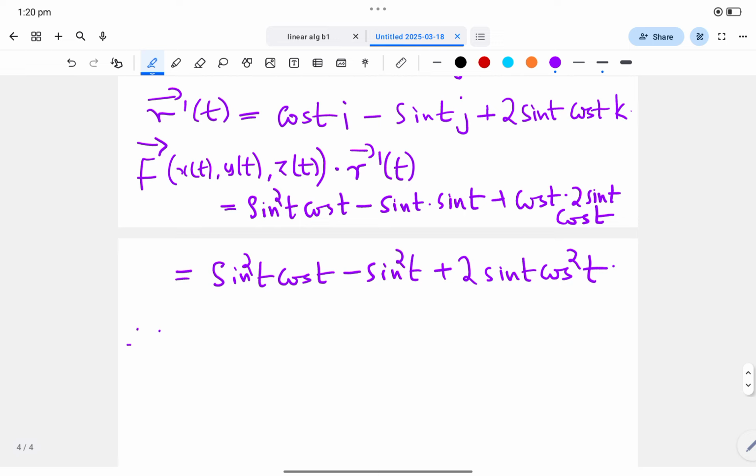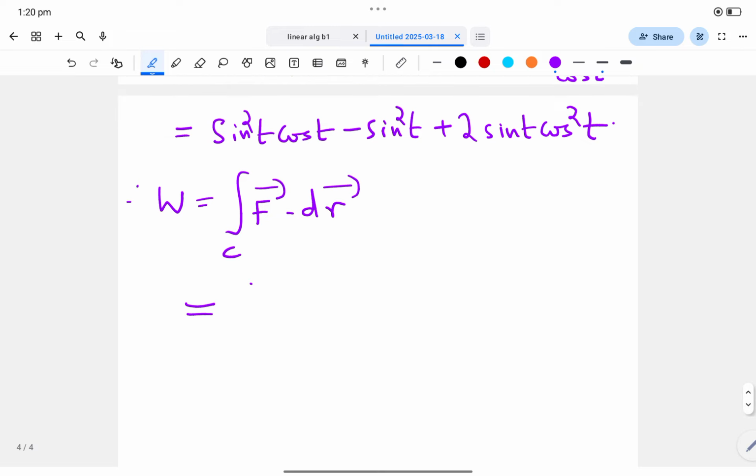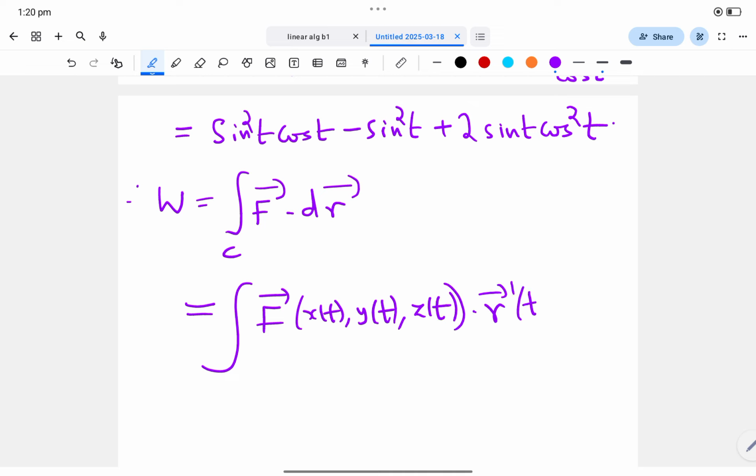Therefore, our work done is equal to line integral over C F dot dr. This is the same as the integral of F of x of t, y of t, z of t dot r dash of t dt.